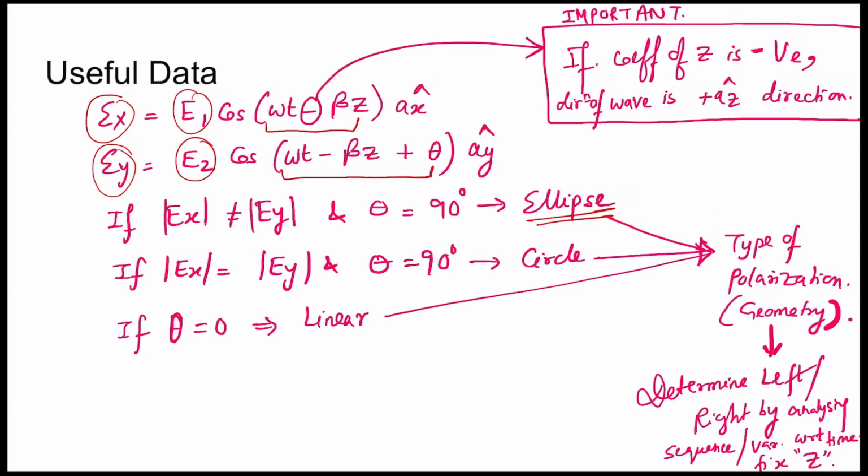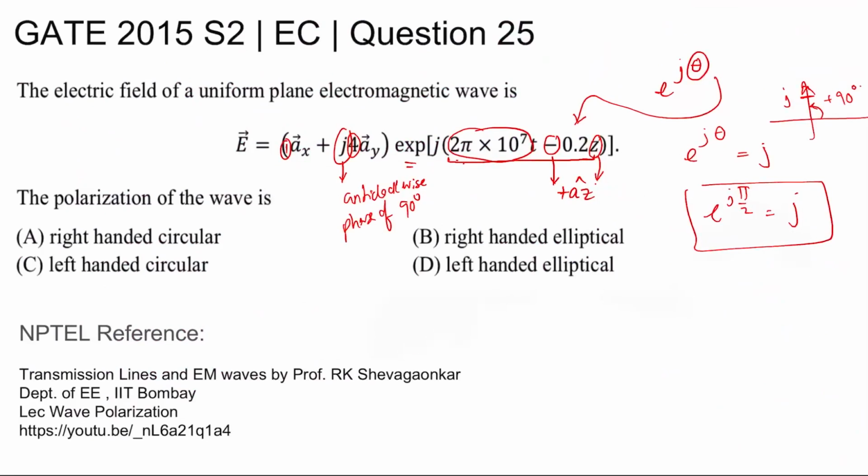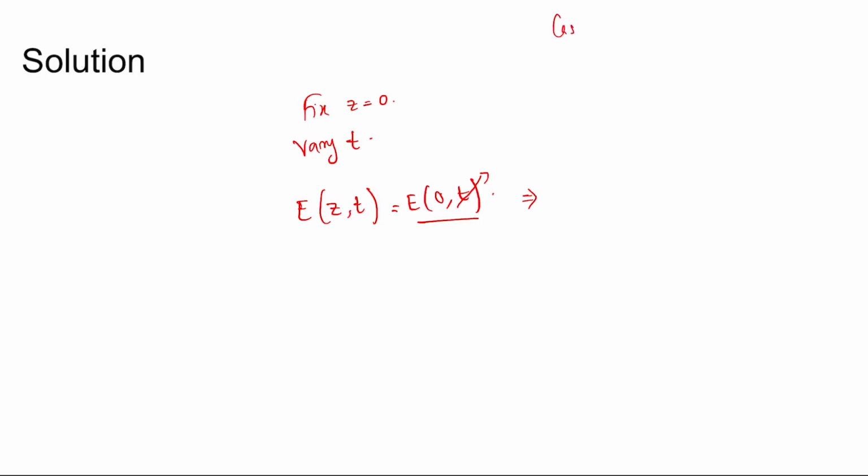Now you need to analyze it by fixing z. So coming to the solution, fix z equal to 0, vary t. So you get E(z,t) as E(0,t). Now only time is varying. You analyze it in different cases. Case 1, you consider time equal to 0.